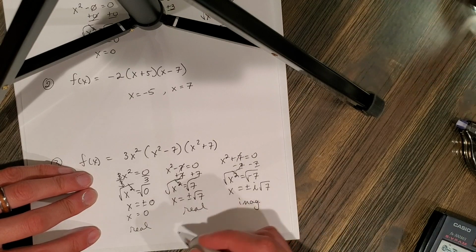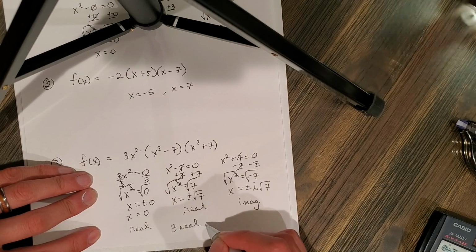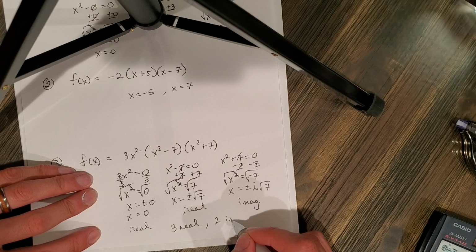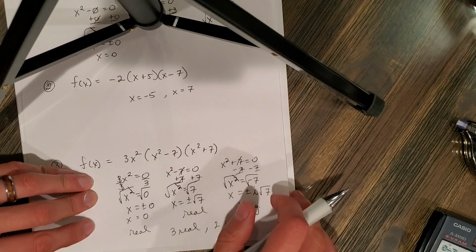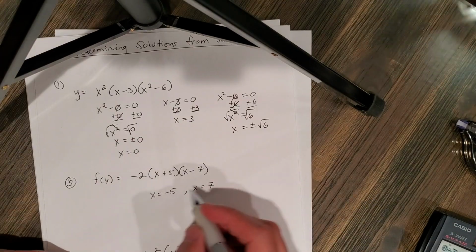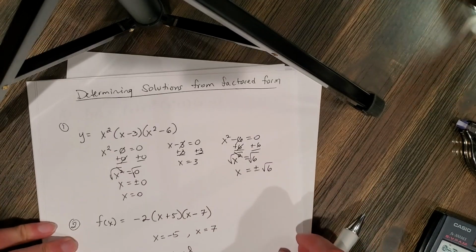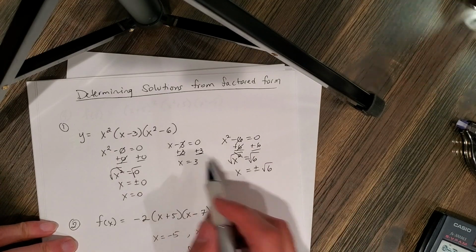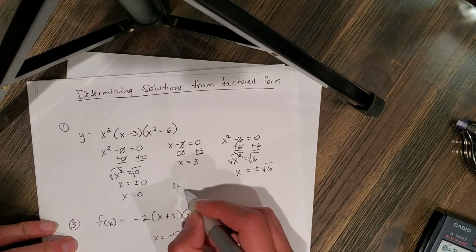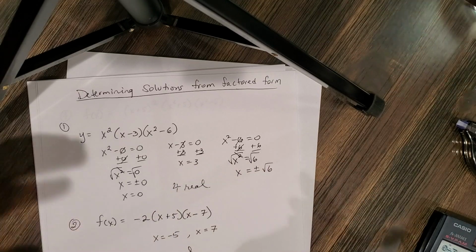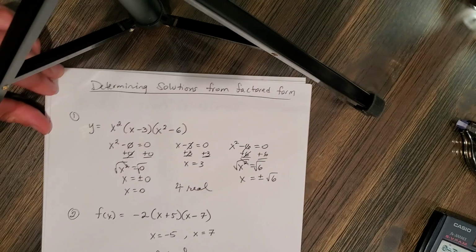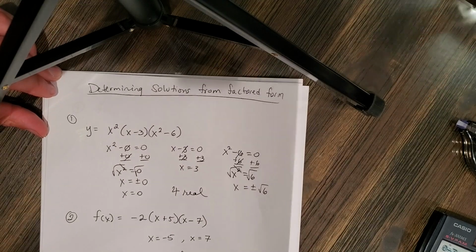So we have 3 real and 2 imaginary. Okay? Up here, I would just have only real. So 2 real. And over here I have 1, 2, 3, 4. 4 real. No imaginaries. Okay? You only get imaginaries when you have a negative inside the square root.